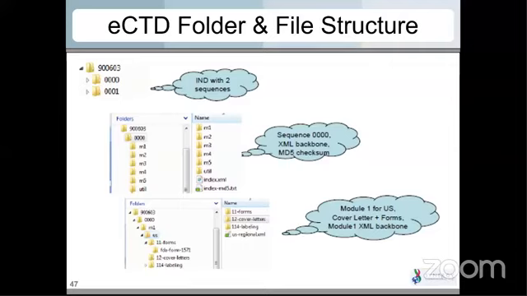Coming down to the middle section here, this is opening up that folder under the quadruple zero, and you'll see then that there's a folder for each module, and as well some folders that support the eCTD, a utilities folder, and then the index and a check file that will make sure that the information is properly inserted into those modules electronically.